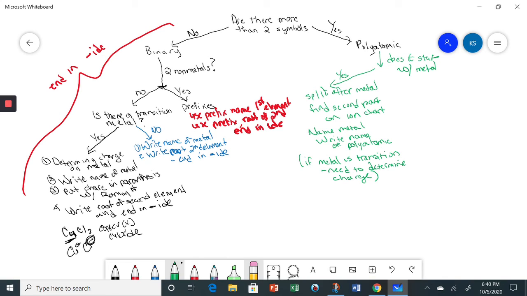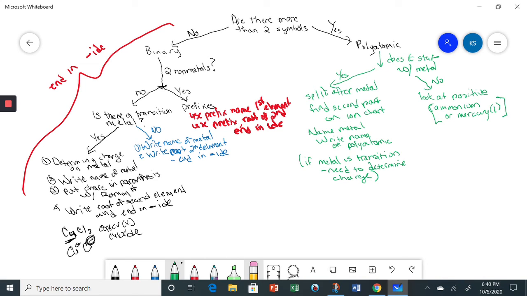If it's a no, you have to look at the positive ion. It is most likely ammonium, though it could be other ones. There is what's called mercury 1, which is dimercury. That's the only other real positive ion that you'll see.